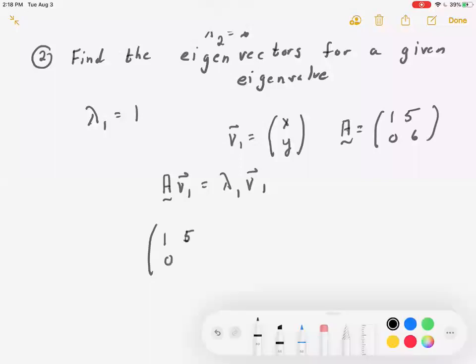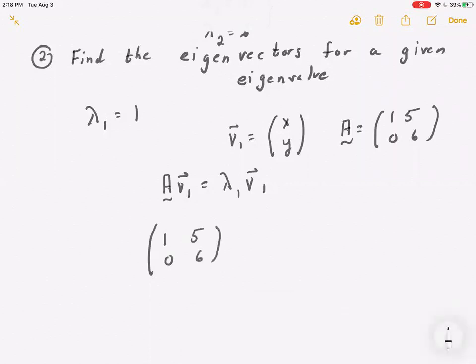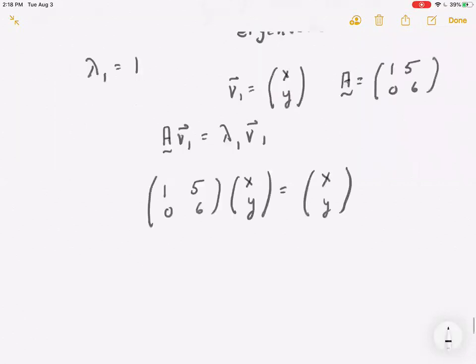Let me clear this up a bit. That 1, 2 matrix element is 5. And so this is the matrix equation, excuse me, misspoke, that I need to solve.